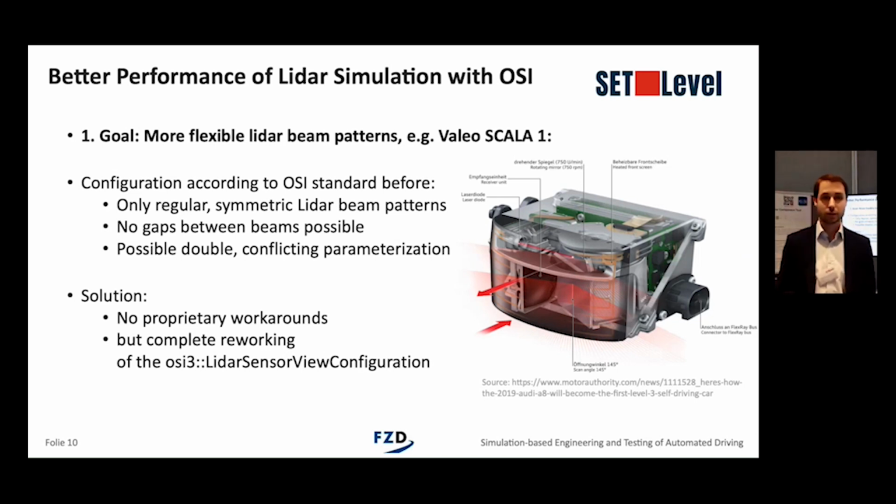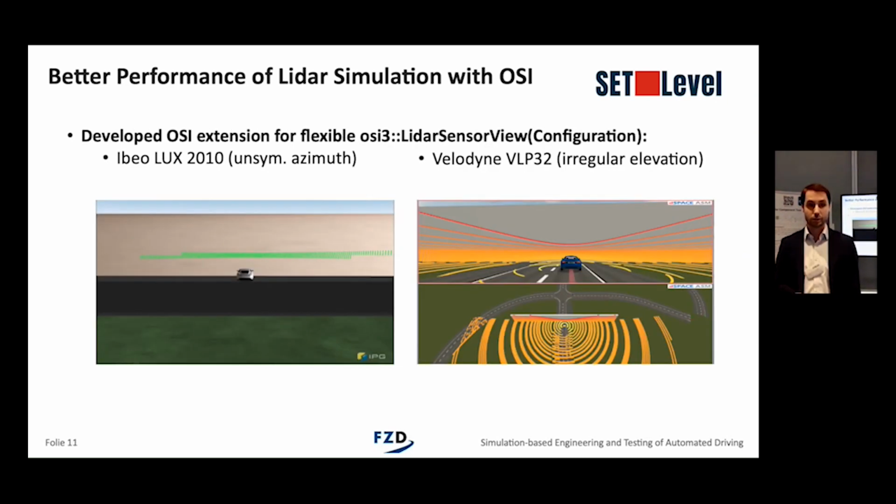So for the first goal, currently, as I said, there are only regular symmetric beam patterns. There can't be gaps between beams and so on. So we wanted to improve that, and we did. With our improved version, it is possible, for example, to simulate an asymmetrical pattern.